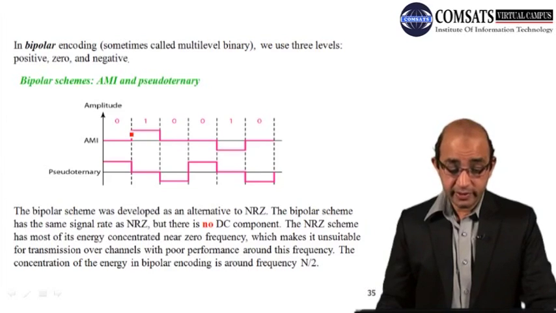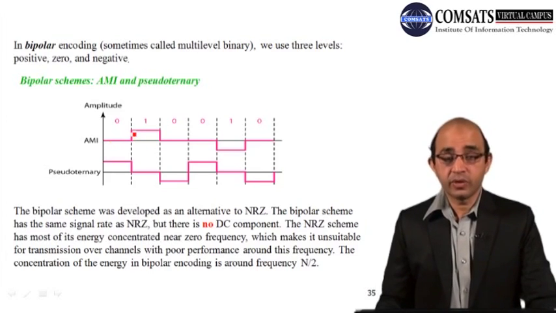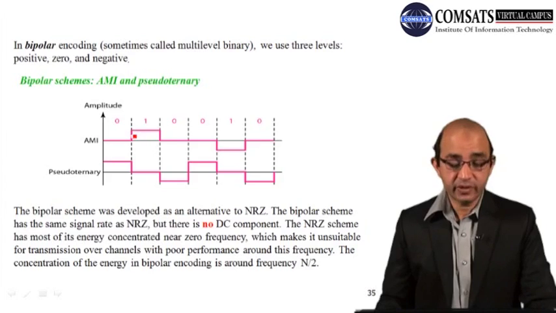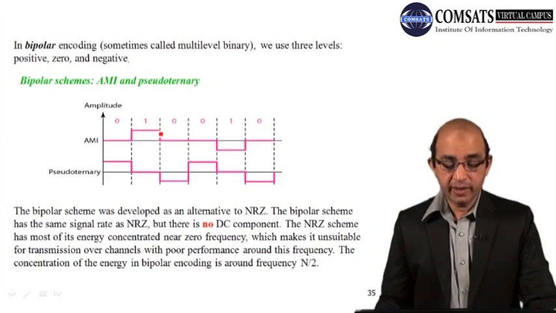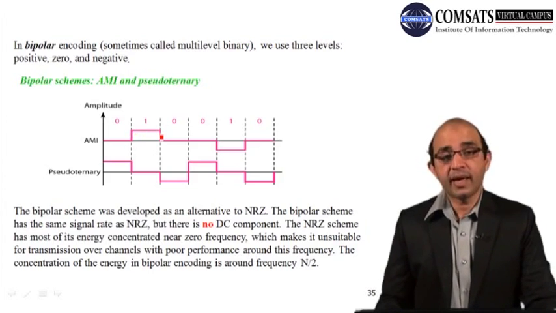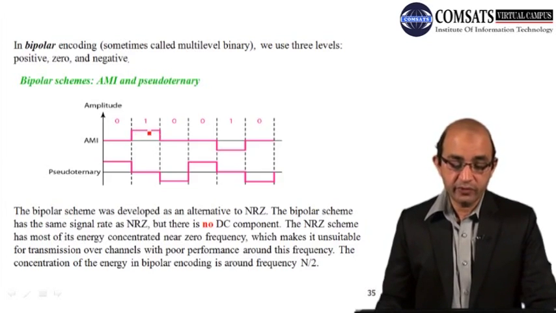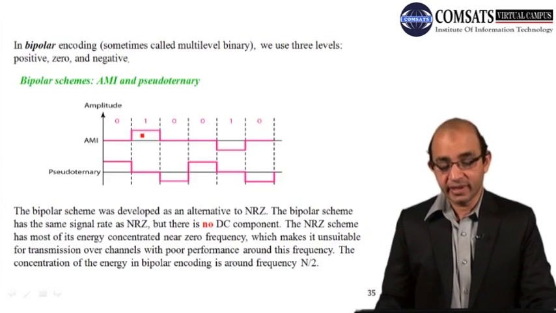So here, we are focusing on 1, and the 0 is encoded as the absence of voltage, and 1 is taken as the presence of voltage, but we have to invert the voltages on successive ones.